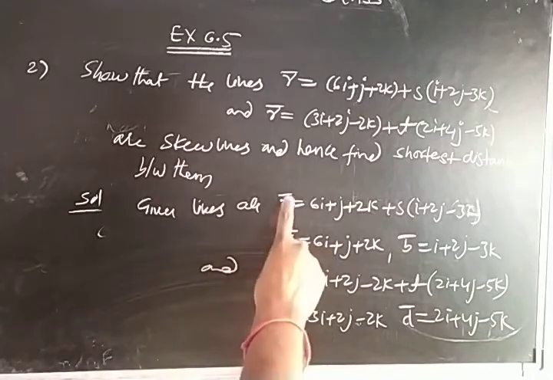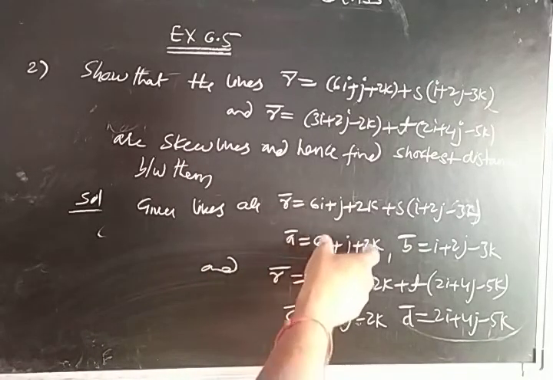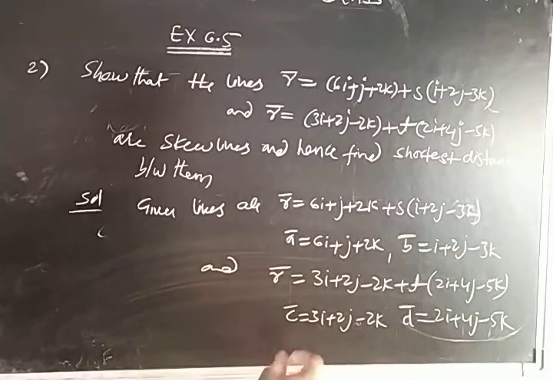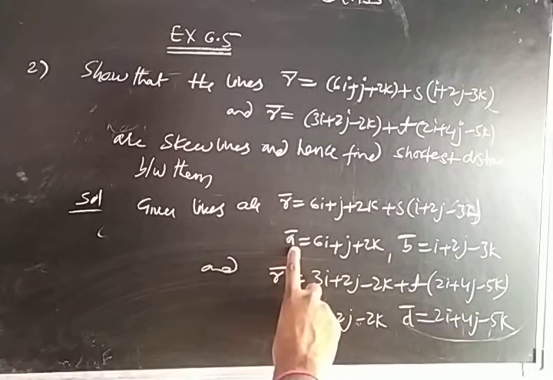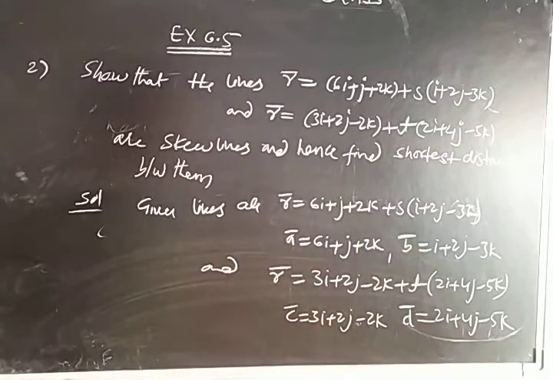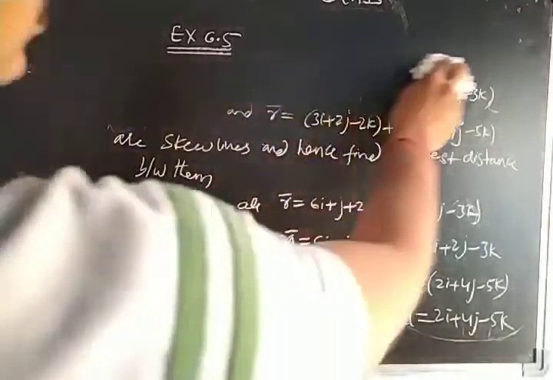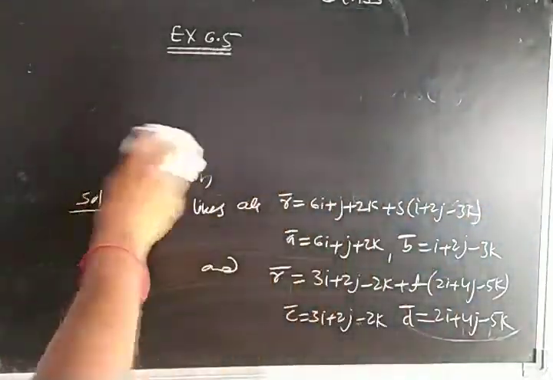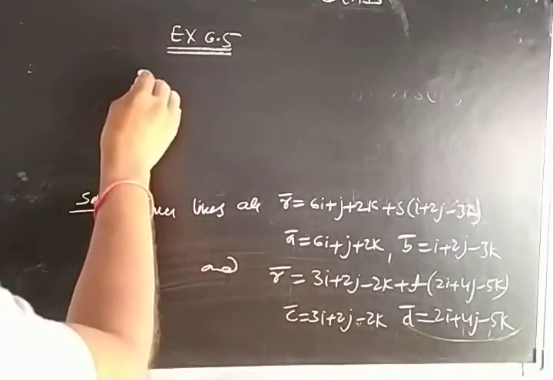So to show two lines are skew, you have to take a bar, b bar from the first equation, c bar, d bar from the second equation. Then after that find c bar minus a bar. After finding c bar minus a bar, using that vector and these two vectors, you have to find the scalar triple product.